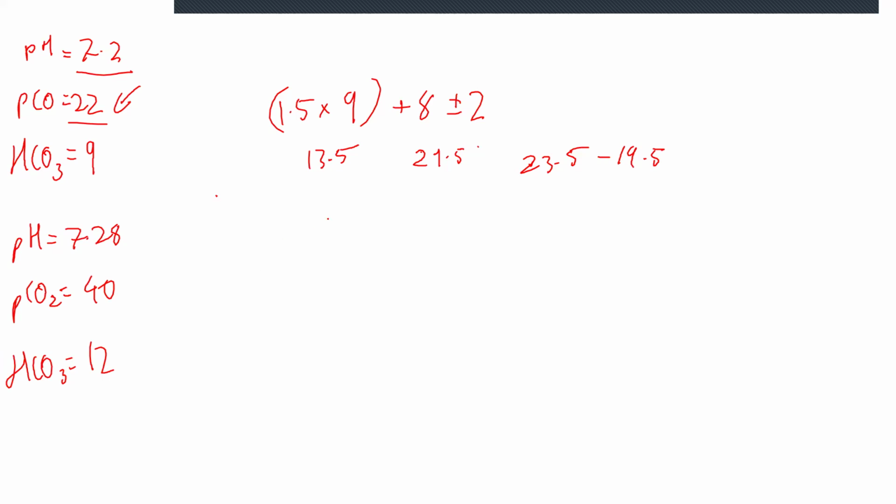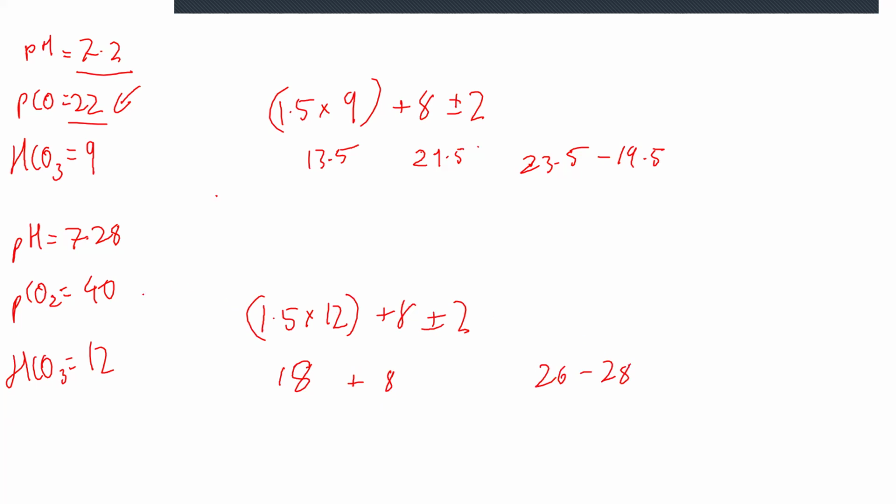Again, applying Winter's formula, we have 1.5 times 12 plus 8 plus or minus 2. So this is going to be 18, plus 8 is 26, plus or minus 2 gives us a range of 24 to 28.